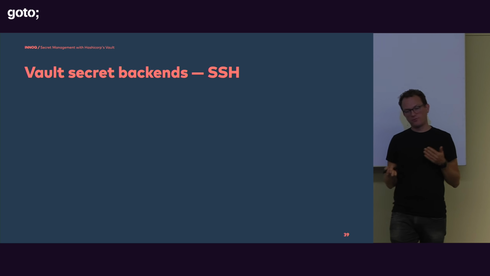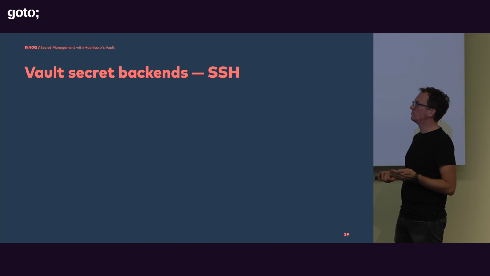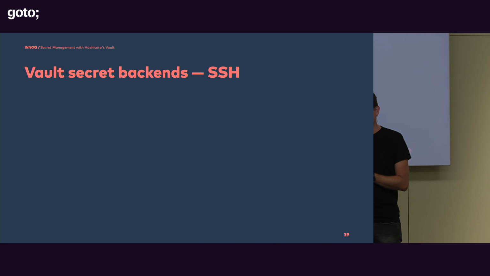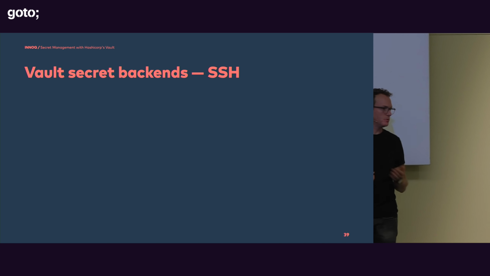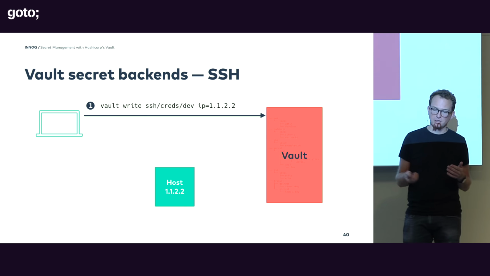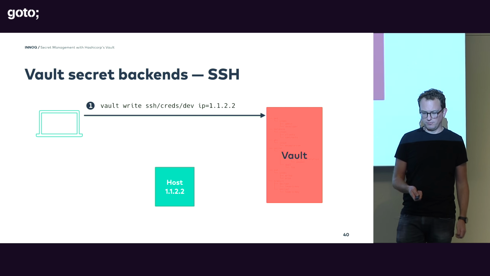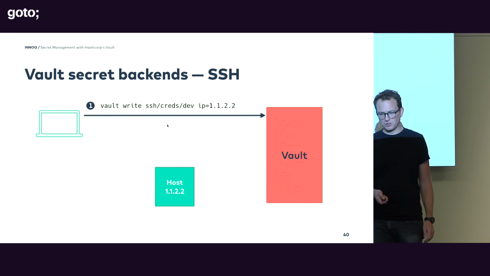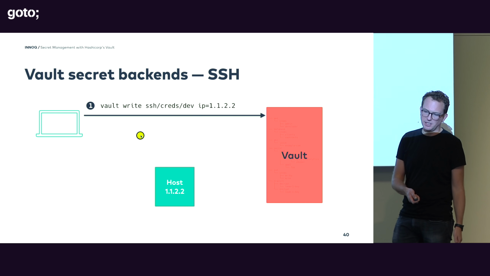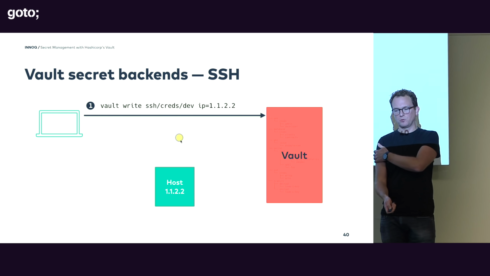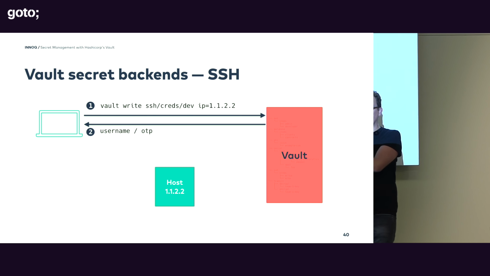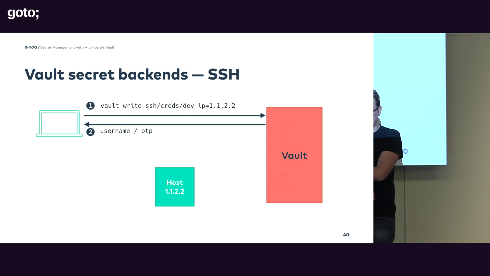You can use Vault to give developers access via SSH to hosts. There are two methods. The first method is that you talk to the Vault API and tell it, okay, please give me access to this IP. And Vault creates a username and a one-time password on the fly.